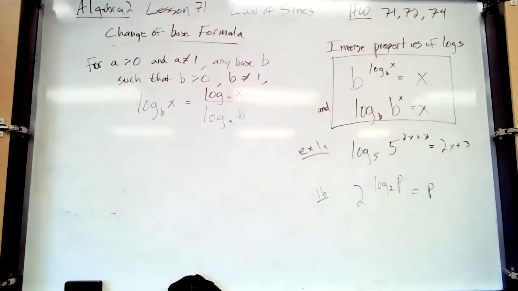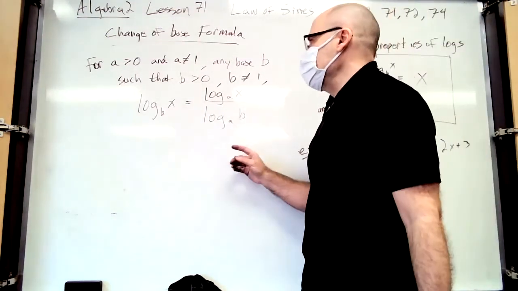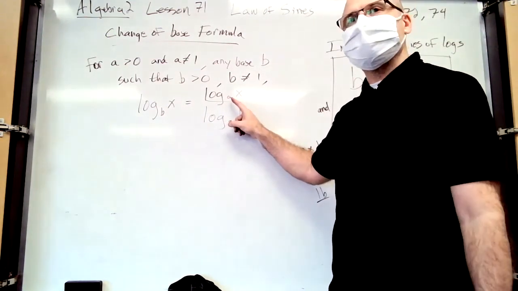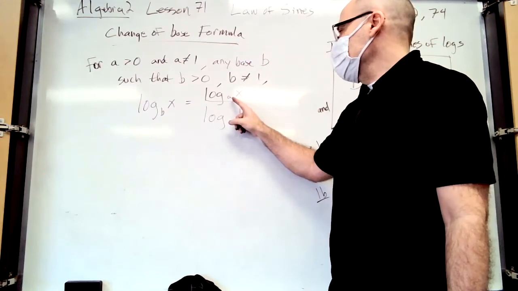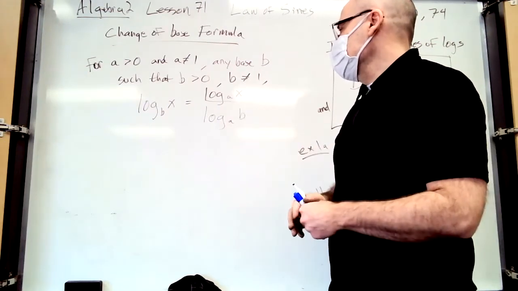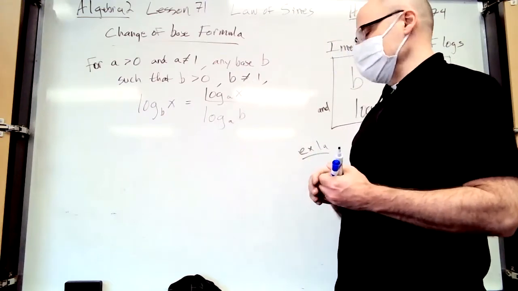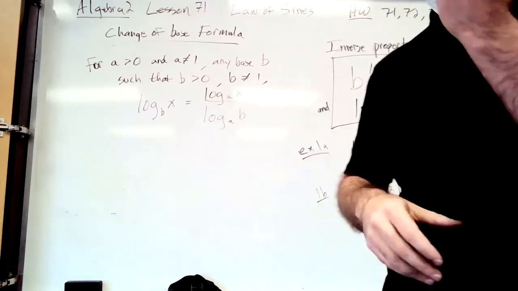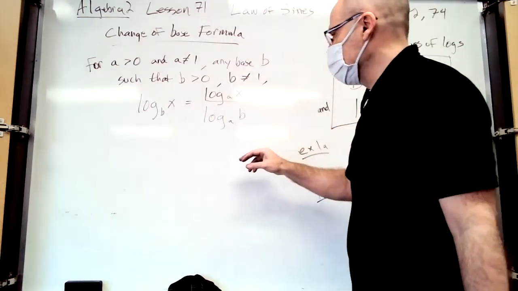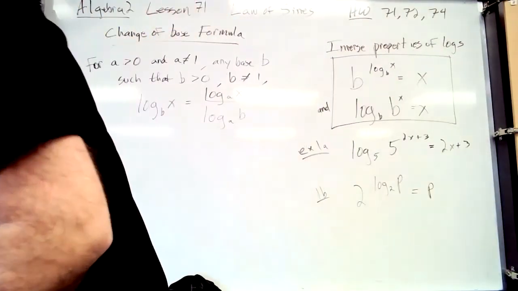Okay. So if you want to change the base of a logarithm, all you have to do is use this formula. If it's log base 10, then you would just plug that in for a. I'll give you an example.